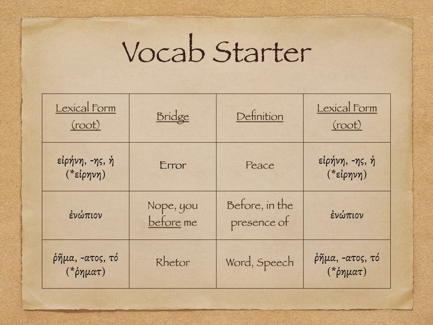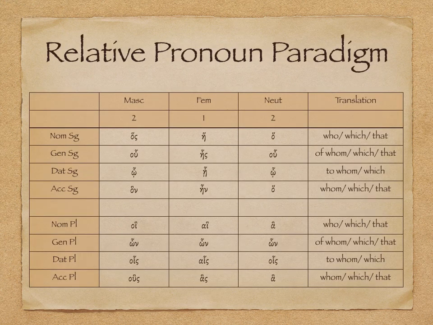As we get to the vocab starter, I'm reminded of one other note I wish to make here, and I'm going to back up a couple of slides to do it. The relative pronoun who, which, that. Now in English, if we take the relative pronoun who, which, that, we can put a question mark after that and it becomes an interrogative. Who?